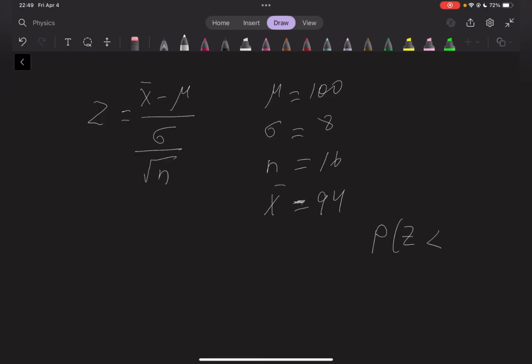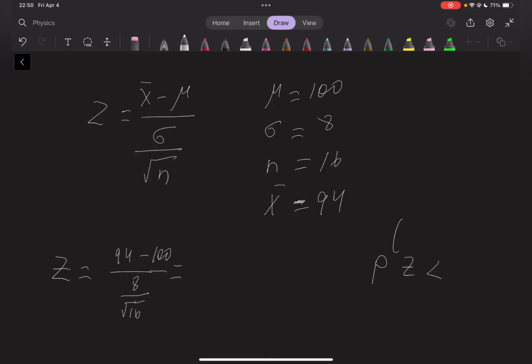So the z-score is equal to x bar 94 minus mu 100, over sigma 8 divided by the square root of 16.